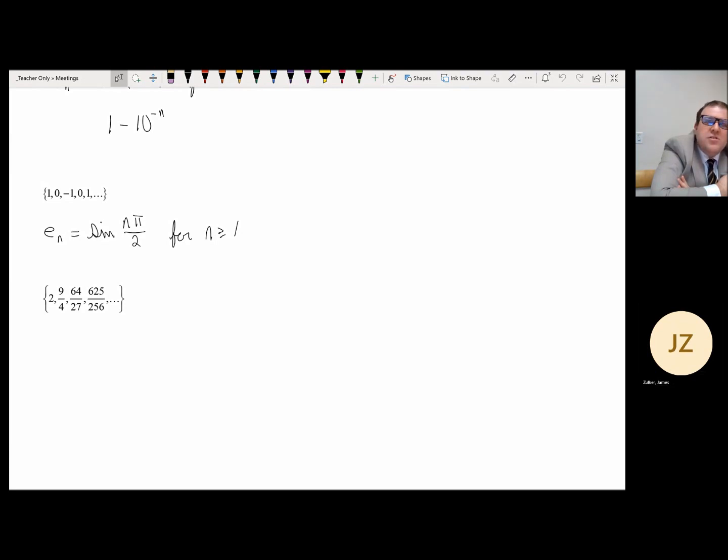What about the numerator? I think it would be n plus 1 to the n over n to the n, which can be simplified to n plus 1 over n, all raised to the n.